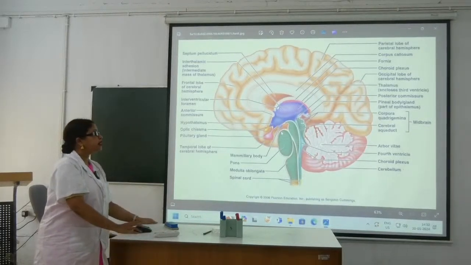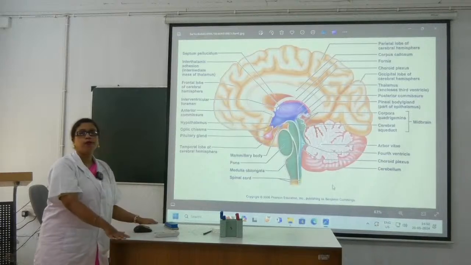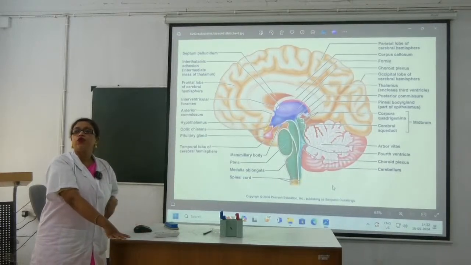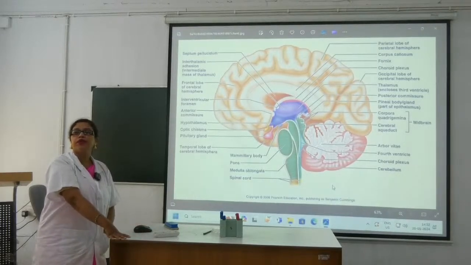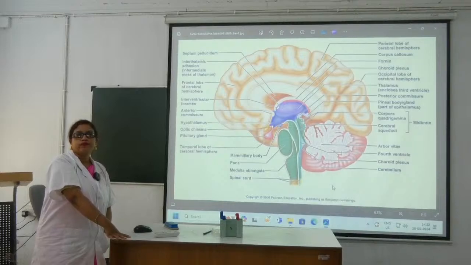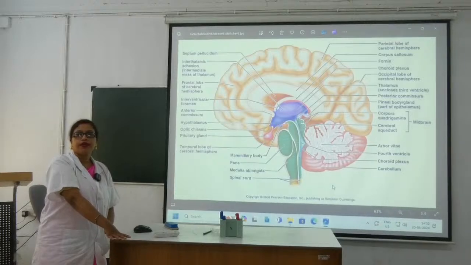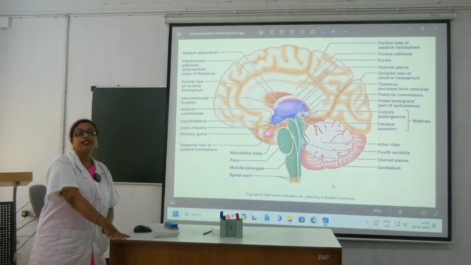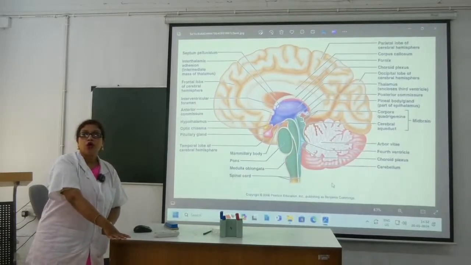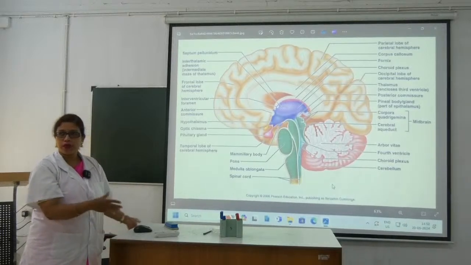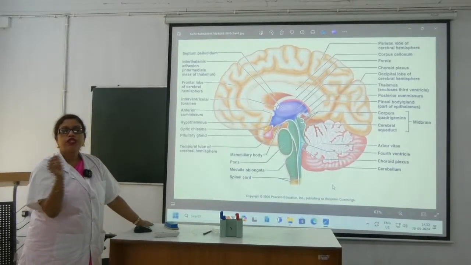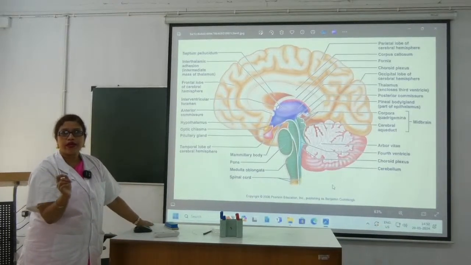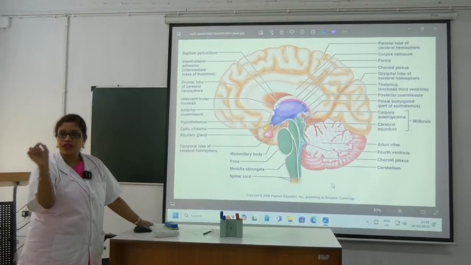Next part is the elevated part. This is the pons. Okay. So I told you which cranial nerves are present in the midbrain. Which cranial nerve will be directly in the cerebrum? Only optic. What about the olfactory? Olfactory has a separate mucosa. If you see the cribriform plate of the ethmoid, you will see it is porous, right?